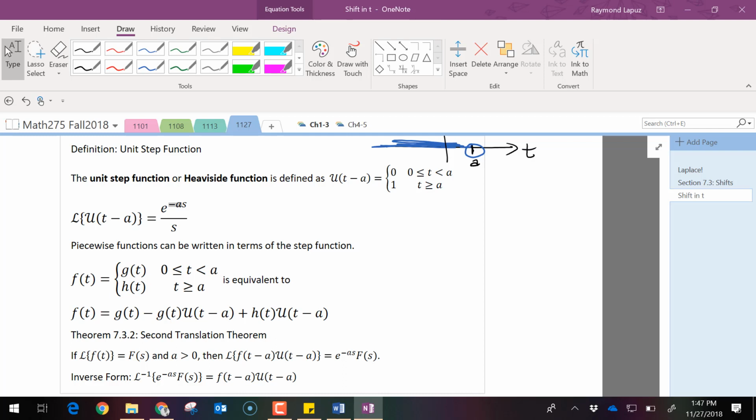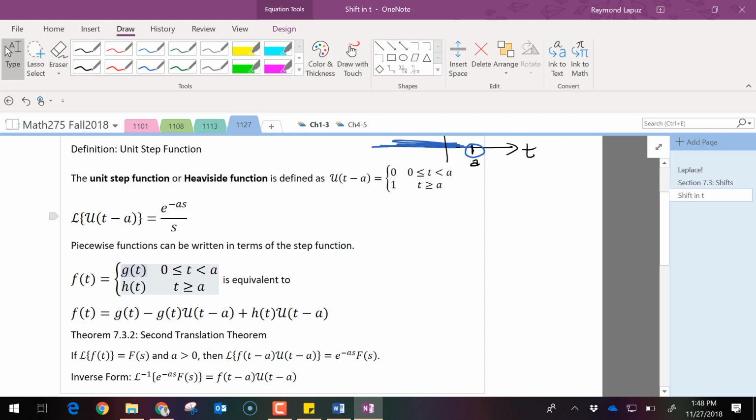And so it's usually 0, and then it equals a function. And so that has to be translated for us into the unit step function so that we can do the transformation properly. And this f of t broken up into g and h functions is going to equal g of t minus g of t times u of t minus a, whatever that first break is, plus h of t times u of t minus a.